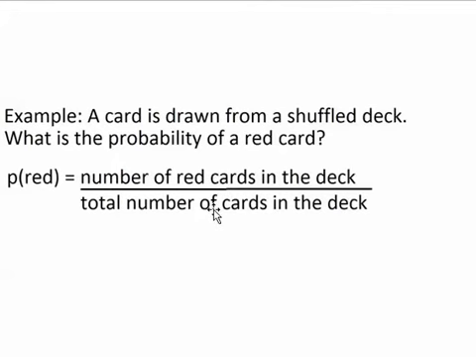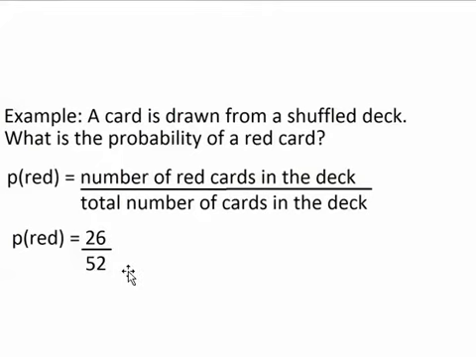The bottom of the fraction is the total number of possible outcomes. If you take a card from a deck, each card in the deck is a possible outcome. So since there's 52 cards in the deck, there are 52 possible outcomes that could happen. So we have 26 over 52. 26 out of the 52 possible outcomes lead to a red card, so that's our answer.